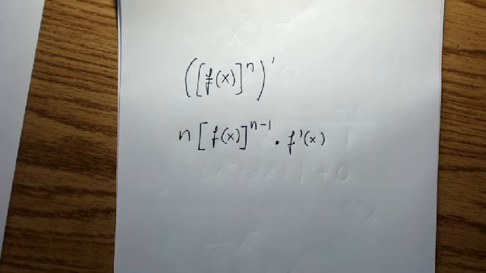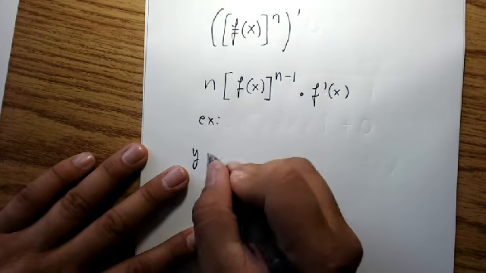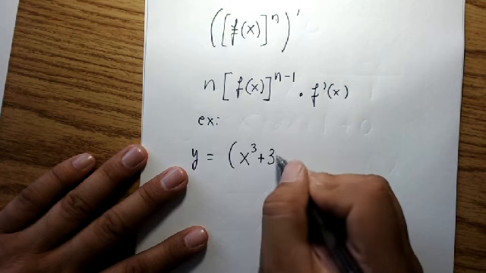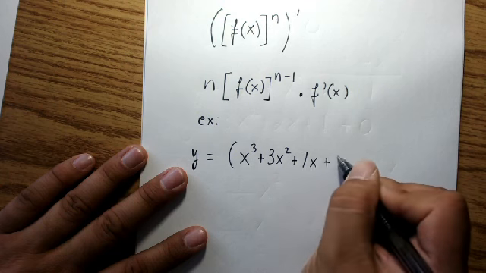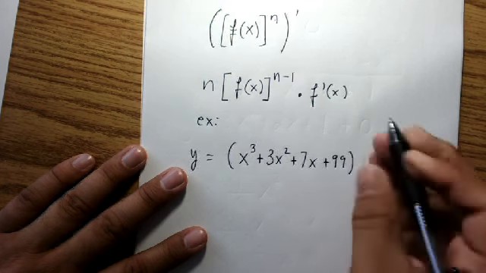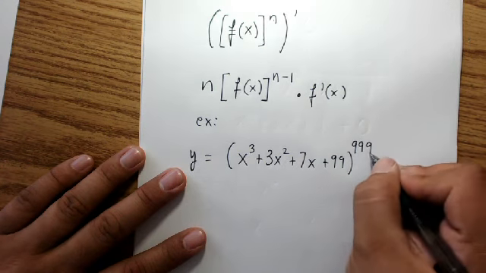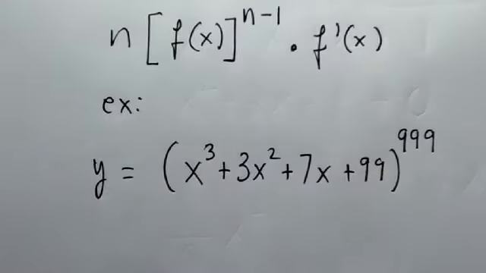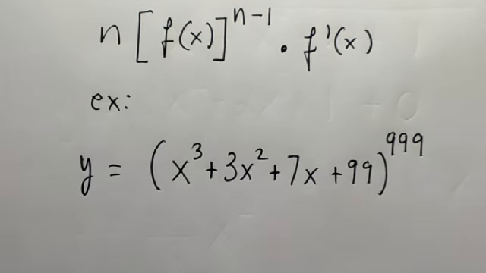What this means is the following. y equals, let's say, x cubed plus 3x squared plus 7x plus 99, raised to the 999th power. Look at that. I do not expect you to sit there and FOIL that 999 times.